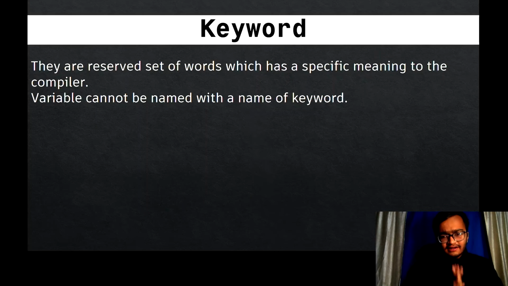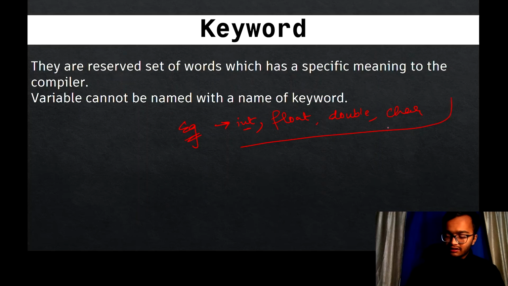If I give a few examples of keywords, you already know the names of a few. There is int. You already know what int is. Int is a data type declaration statement, right? You already have float, you already have double, you already have char. These all are keywords.